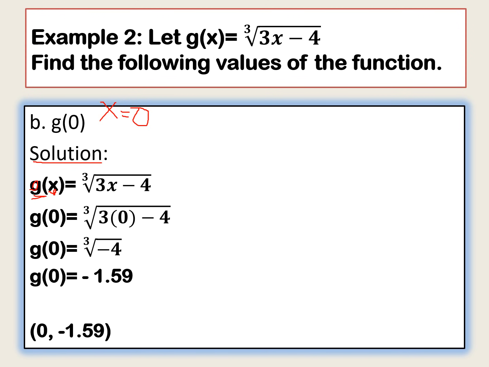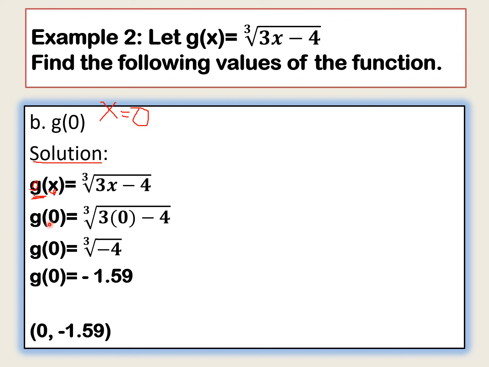Now, so we have here g of x, which is equal to cube root of 3x minus 4. So, after nating masulat yan, syempre, substitution tayo. Lahat ng x dito sa mismong function, papalitan natin ng 0 because according to this given function notation, we have g of 0, wherein x is equal to 0.